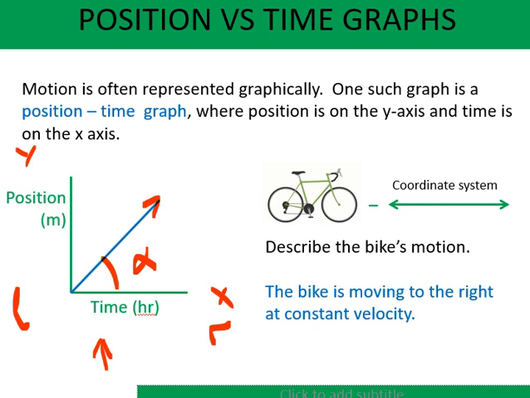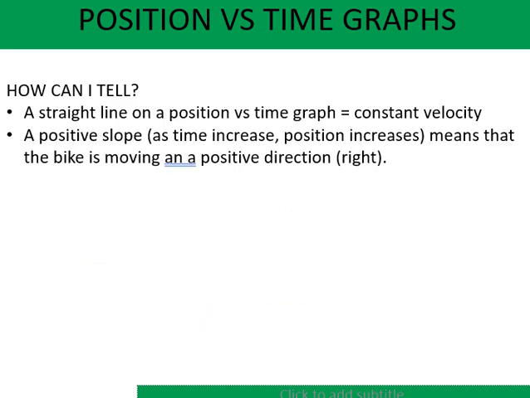And when the line is straight, it means that we have constant velocity. So again, why can I say this? A straight line on a position versus time graph means constant velocity.